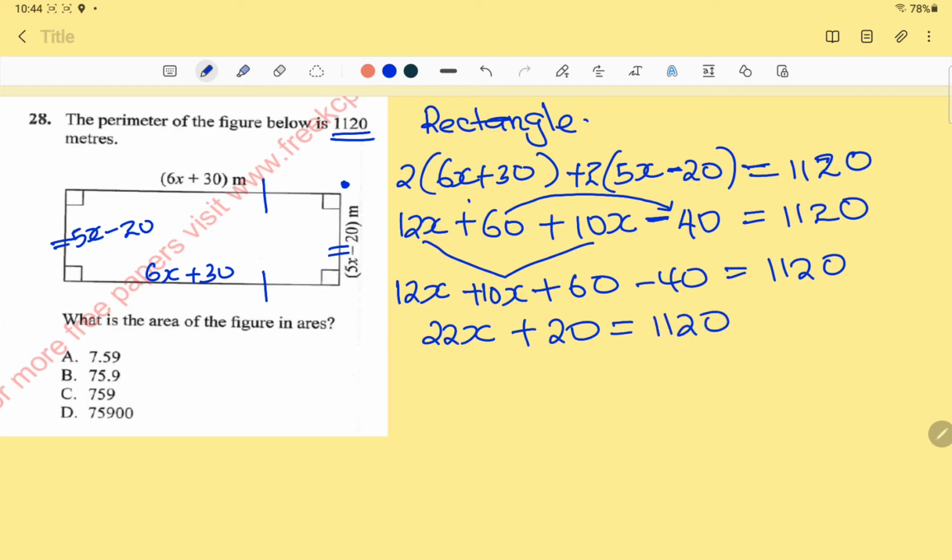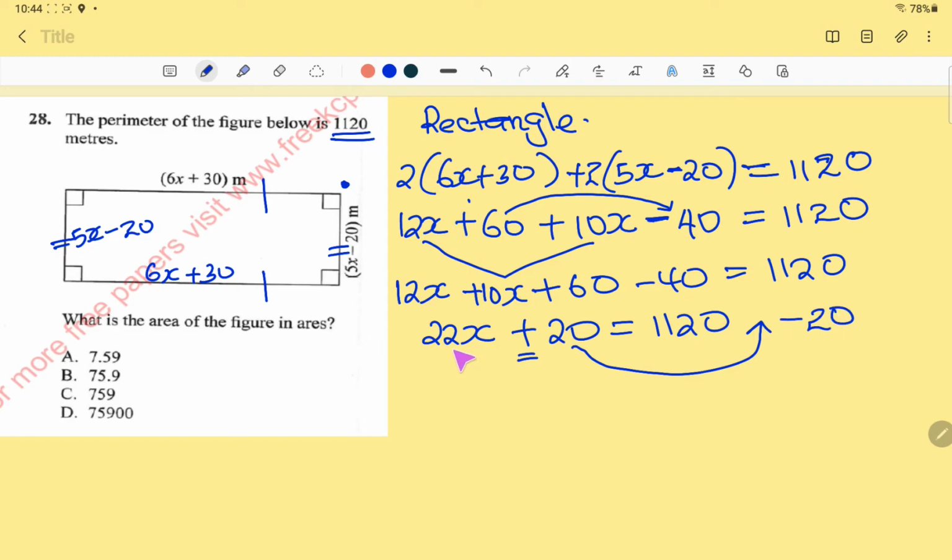1120. Next, we take 20 to the other side. And the reason we are doing that is because we want to be left with x on one side. Okay? So when 20 goes to the other side, the positive sign will become a negative sign. So it will be minus 20.